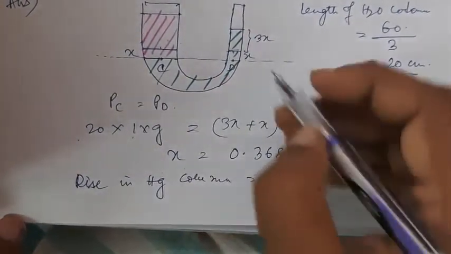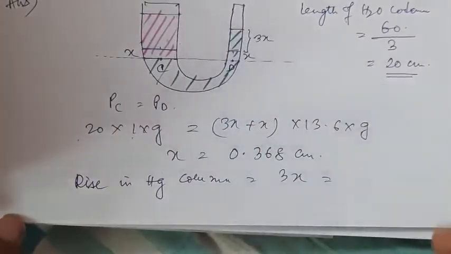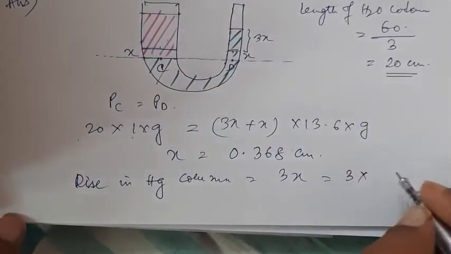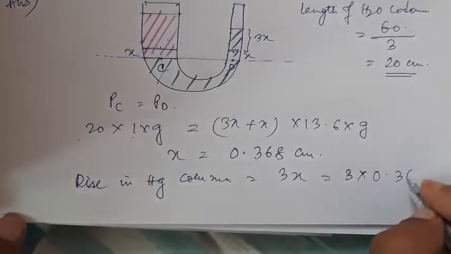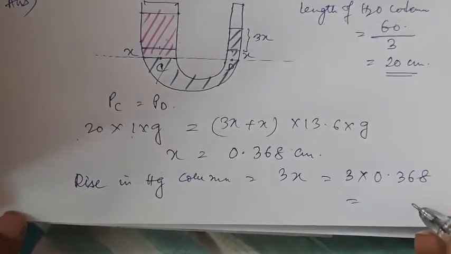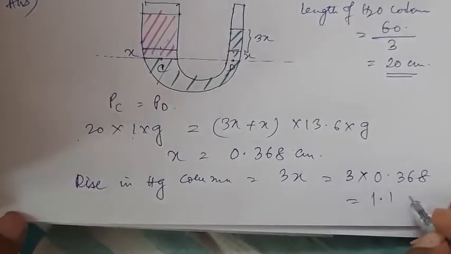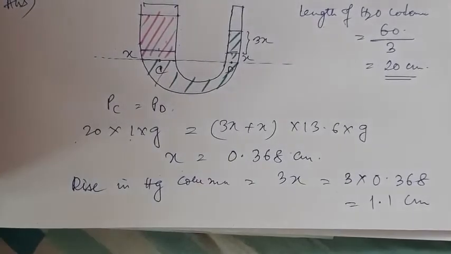The rise in the mercury column is 3x. So 3 into 0.368, that is 1.1 centimeters in the narrower limb.